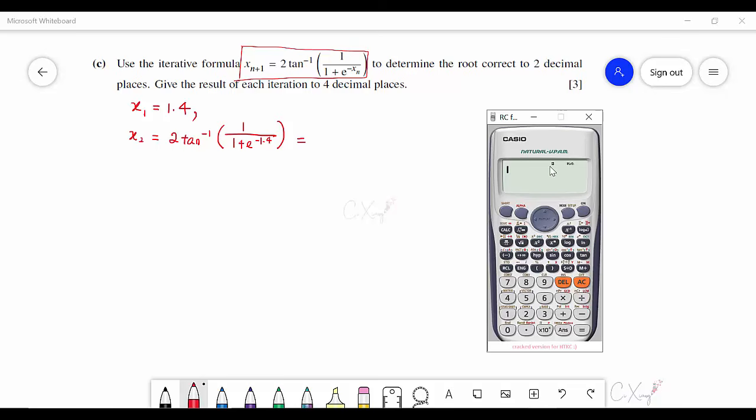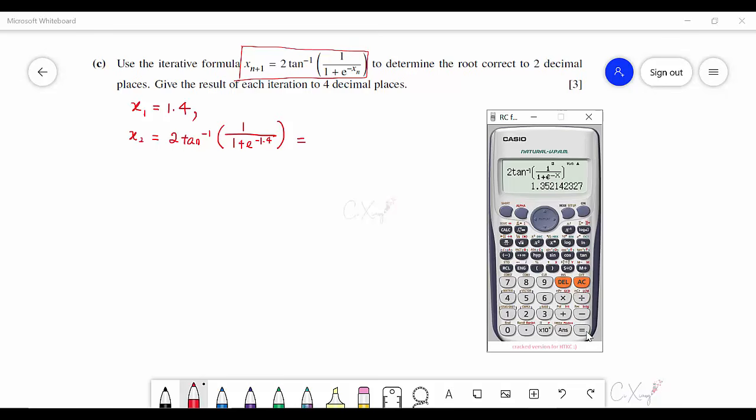Then secondly, key in the formula first, which is 2 tangent inverse of 1 divided by 1 plus e to the negative x. Generally this is my iteration formula. To key in the first value, you press calculate, and then the first value that I want to key in now is 1.4. And I press the equal sign.